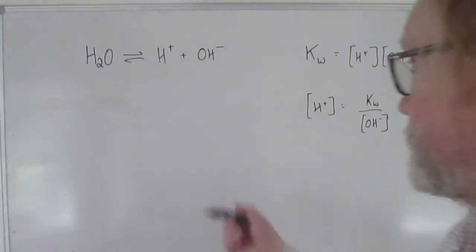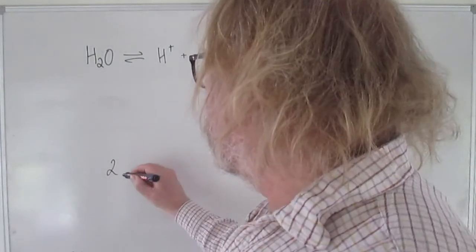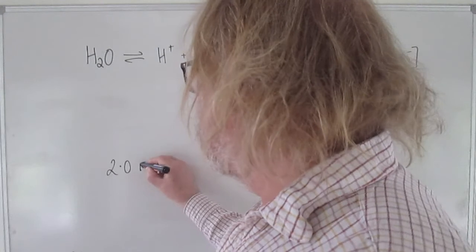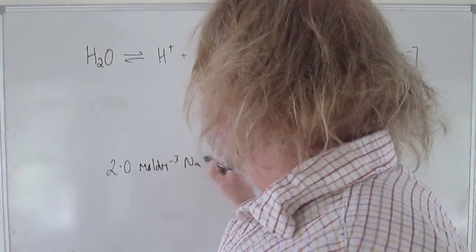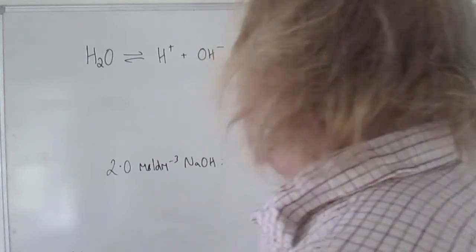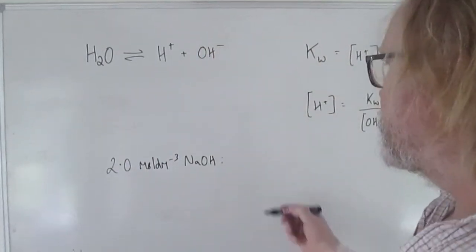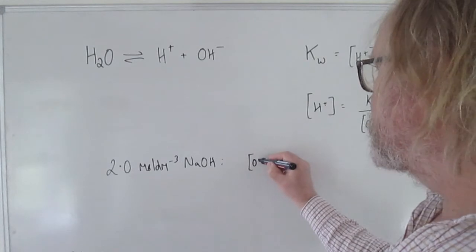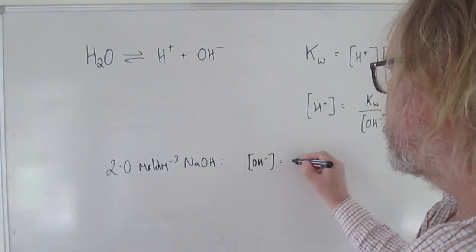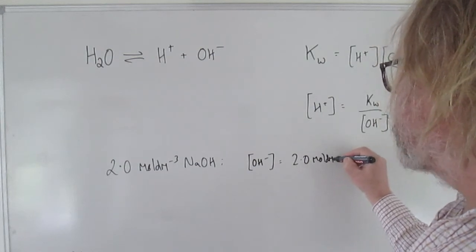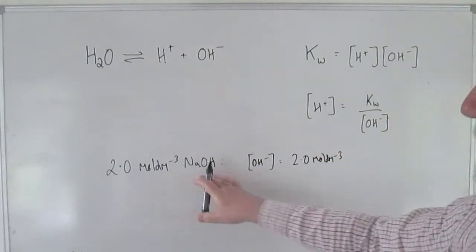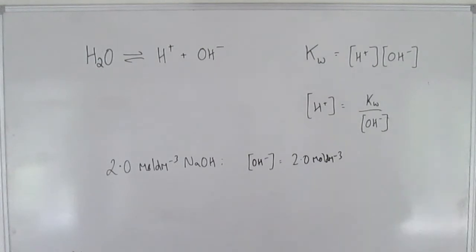So suppose we use that example of 2.0 mole per dm cubed sodium hydroxide. So that means that the OH minus concentration is 2.0 moles per dm cubed, because that's an ionic compound, so when you dissolve it in water it just breaks up completely into its separate ions.